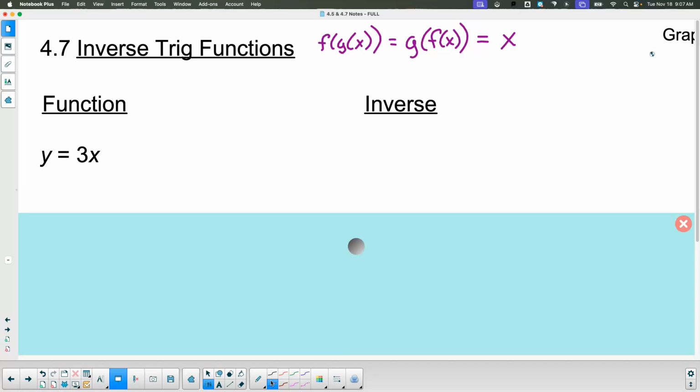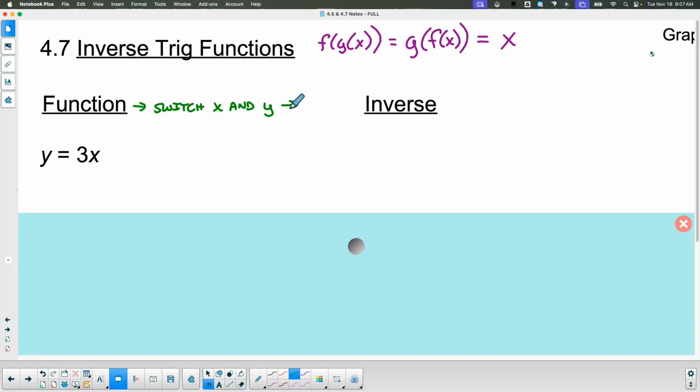In more common terms, to find the inverse of a function, you switch x and y. Okay?